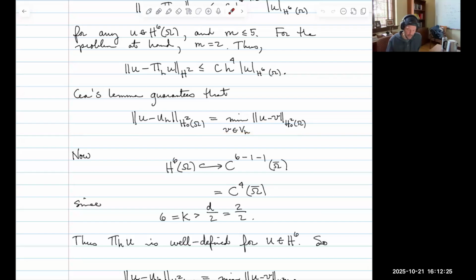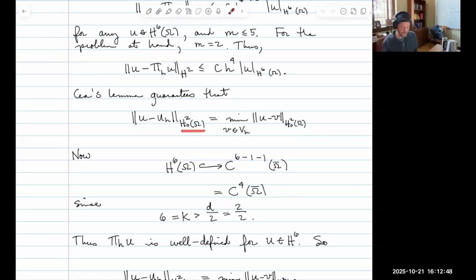Okay, so the error between u and its Galerkin approximation. Remember, this Galerkin approximation has to be globally C1. And for our purposes in our problem, it's a global C1 function that is a piecewise polynomial of degree 5 on each triangle.